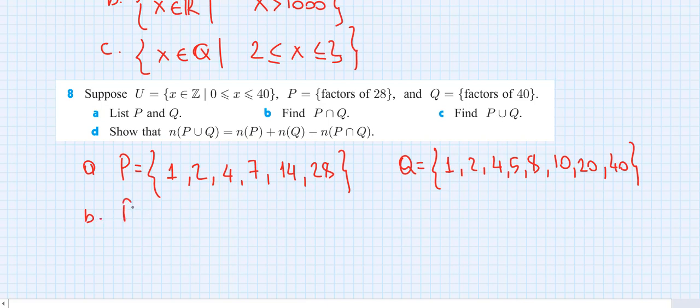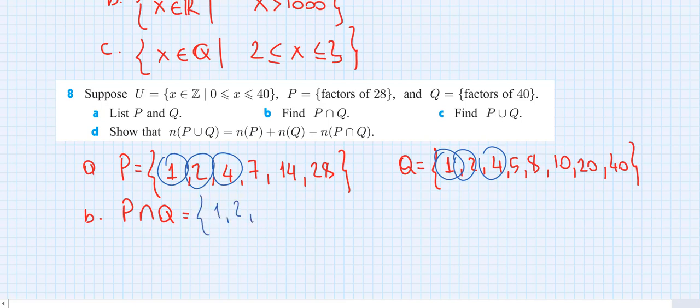We need to find their intersection, a general question which includes everything we have learned so far. Their intersection, what do I need to do? I have to go with the elements which are in common for both of them. And do we see any similarities? So it's 1, 2, and 4. Yes, only 3 numbers, so I need to list them. So it's 1, 2, and 4.